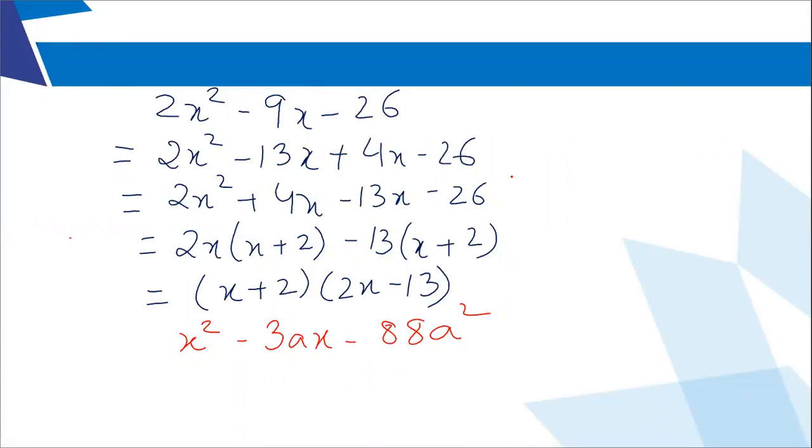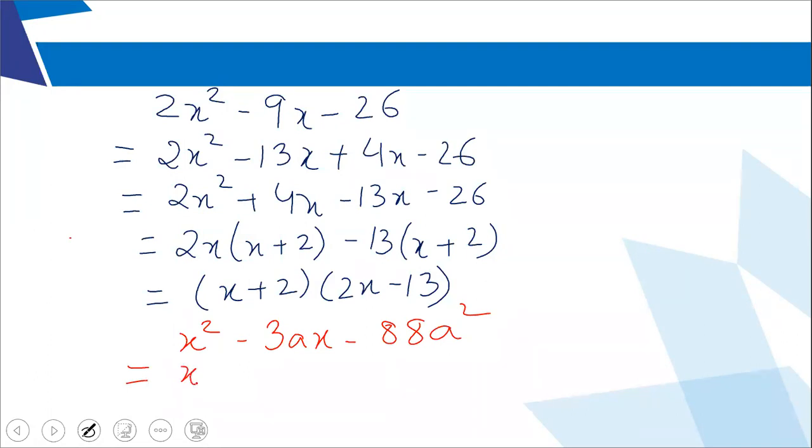Very good. Excellent. So here your x is only the variable part and a will be taken as a number. On multiplication, you should get minus 88a square x square, and on adding the terms, you should be getting minus 3ax, which is the middle term. So basically we have to split minus 3ax.